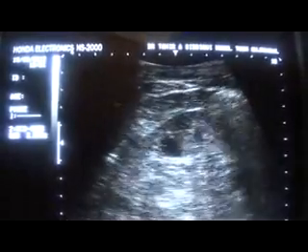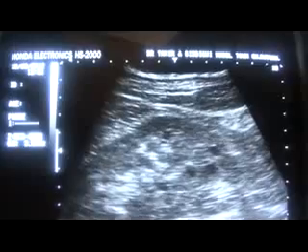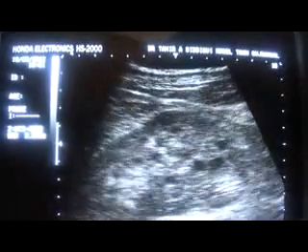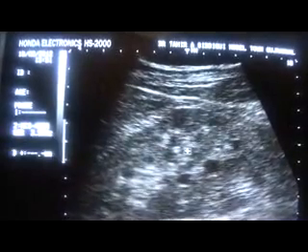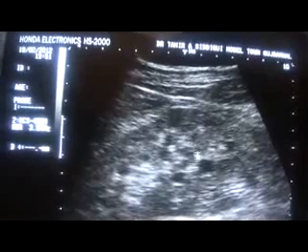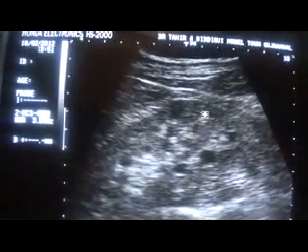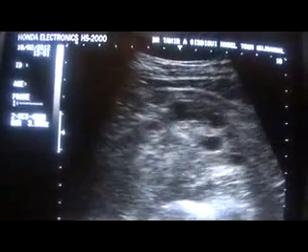Anyway, this is the left kidney, and you can see the number of cysts in this kidney. There are much more cysts in this kidney compared to that of the right kidney.